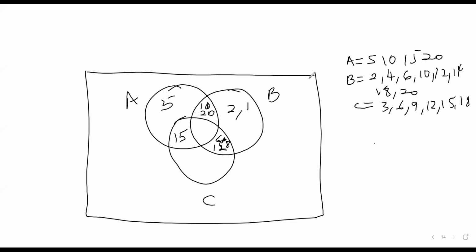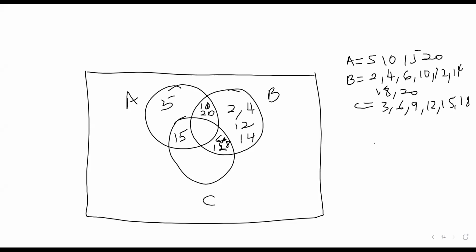Or do we have 8? 2, 4, 12. What else? There's one that is left. 14. I don't think we have 16. Just 2, 4, 12, and 14. I think those are the ones that are left.